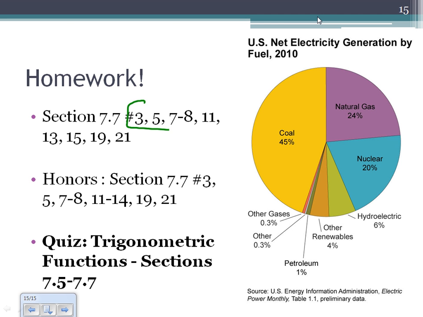Okay? And then we'll talk about the rest of them when we meet tomorrow. What this means is we're not going to have too much time for review tomorrow. So I encourage you to start studying tonight for your test, and then come prepared with any questions that you may have for tomorrow. Does that make sense?